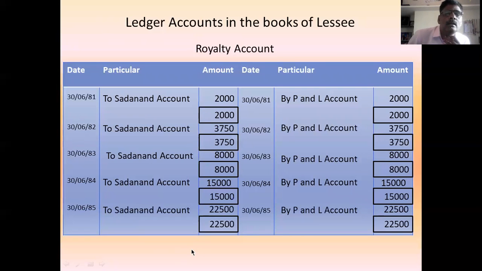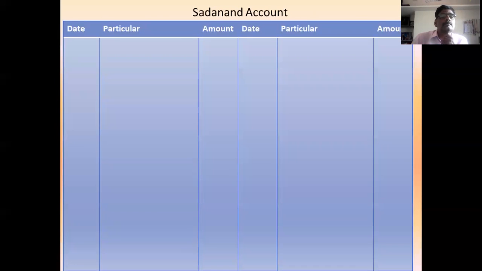Okay. Next account is lesser account. Lesser means author. Author means Sadanand. Sadanand account, you see here. Debit side, to bank account. Remember 3 points here also. Debit side, lesser, bank account. Credit side, royalty. Whatever difference comes, that is short working, in the particular column.